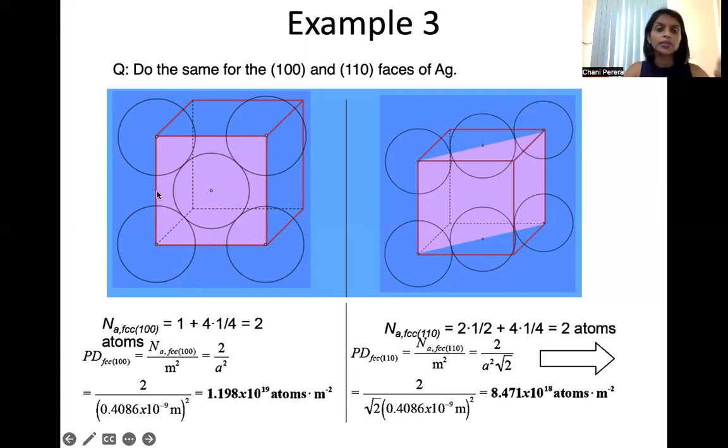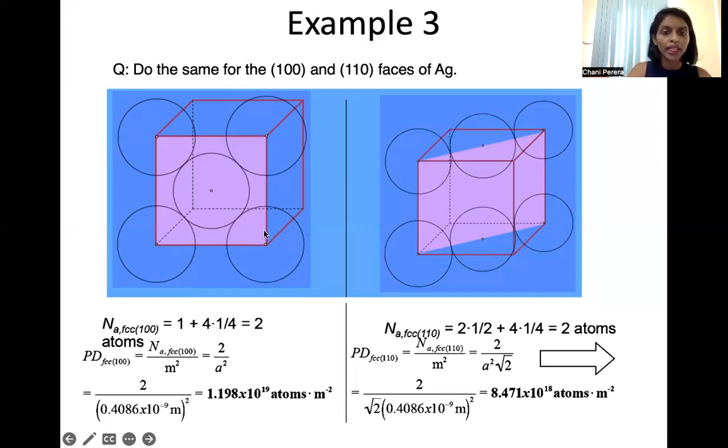So let's take the first one. This is face-centered cubic, and this is the cross-sectional plane we are seeing here. We have 4 corner atoms and a middle atom for that face. That is the 100 plane. It's very easy to find the planar density here.